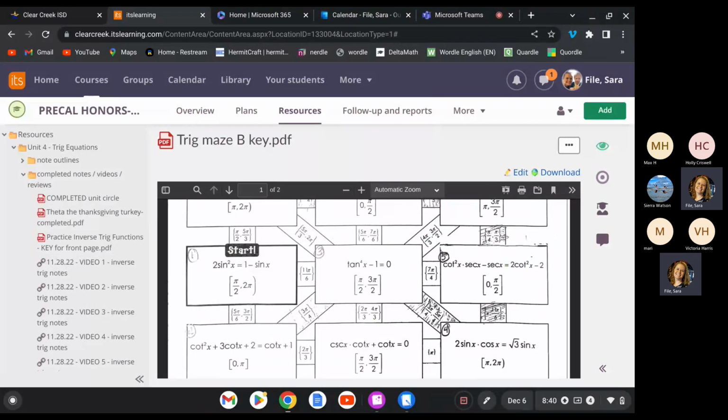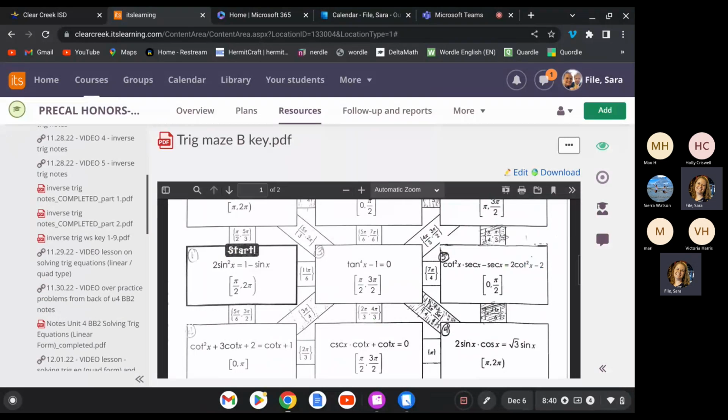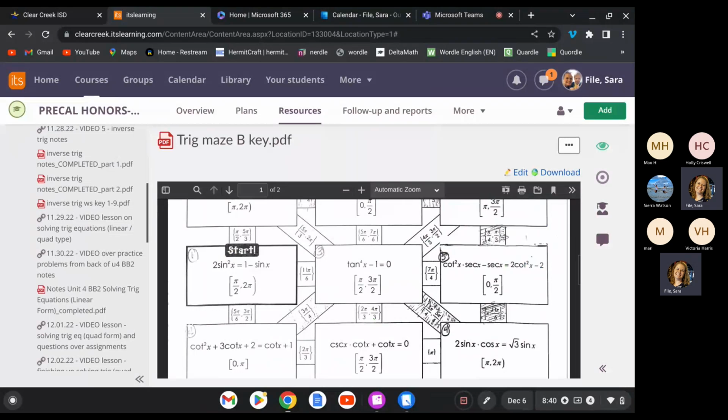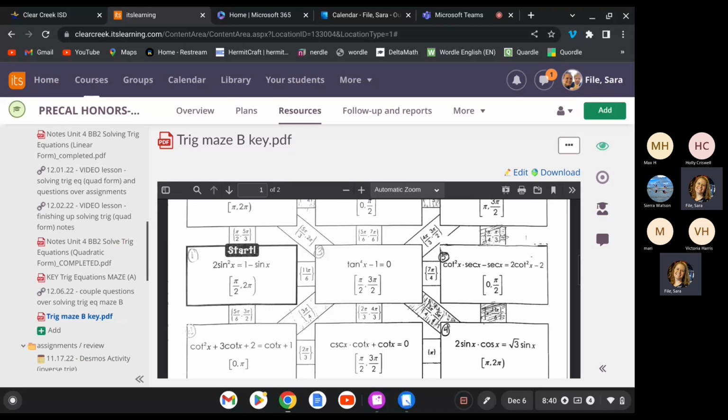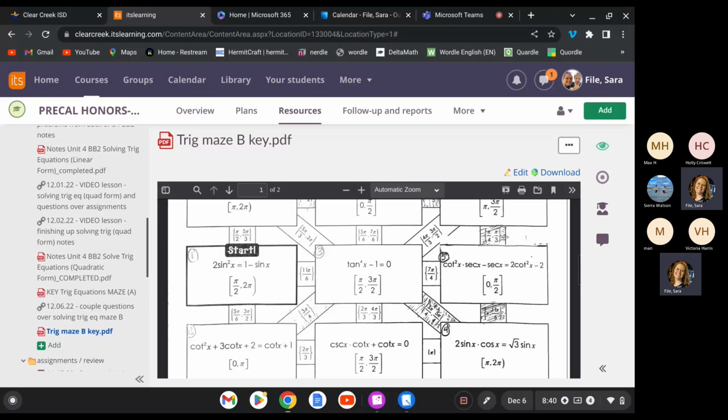So if you want to practice knowing the values around the unit circle, we can. Or do you want to go into just the inverse trig practice? Yeah, like the inverse trig. Okay. So I know there was some on the Delta Math review.